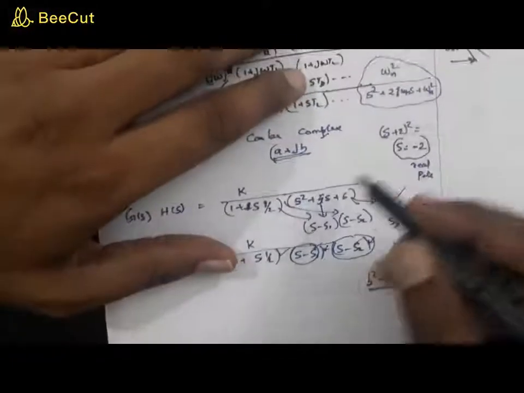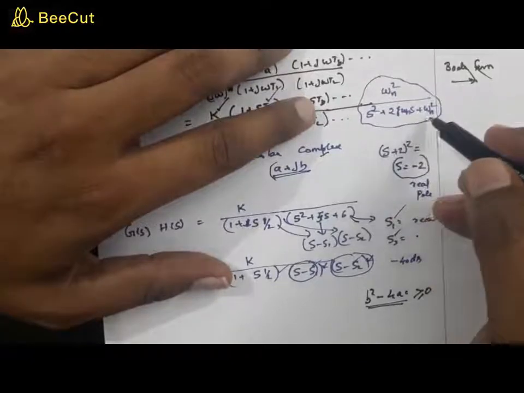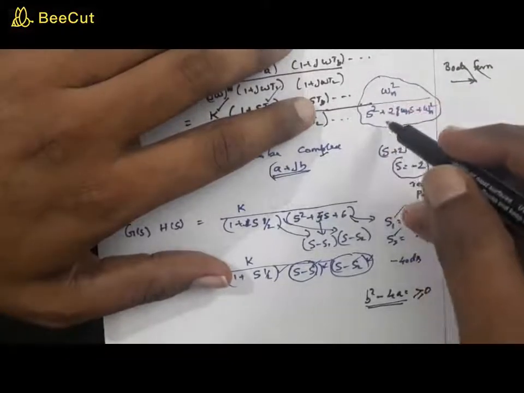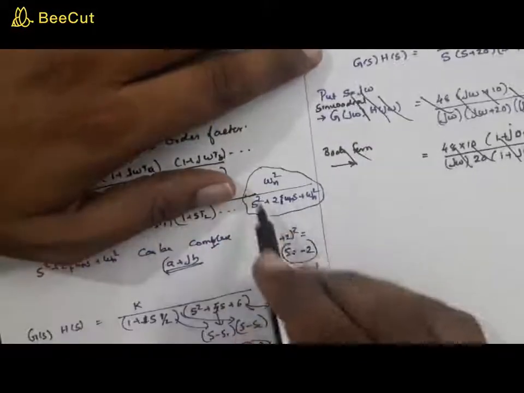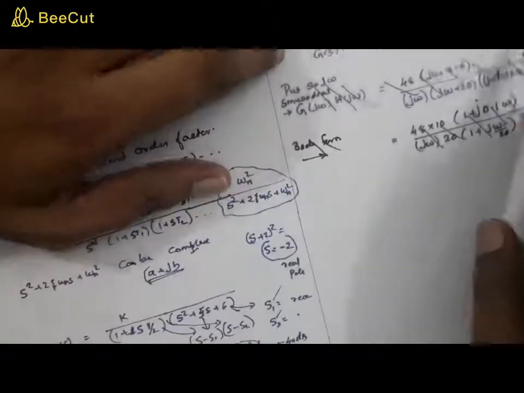Now if it is required to get converted to this form, what must be the additional thing that you need to do? What is omega n square in this expression?